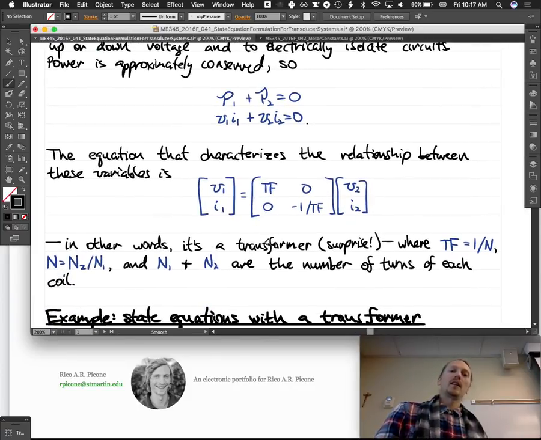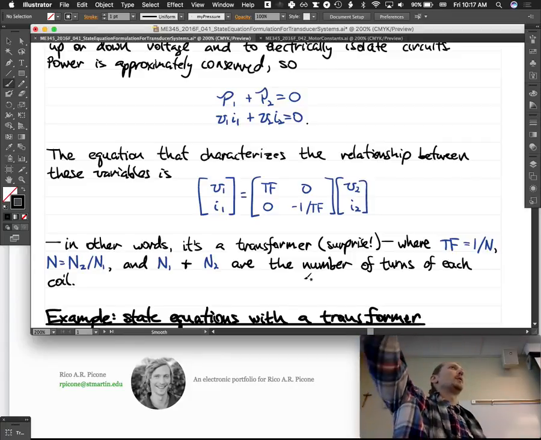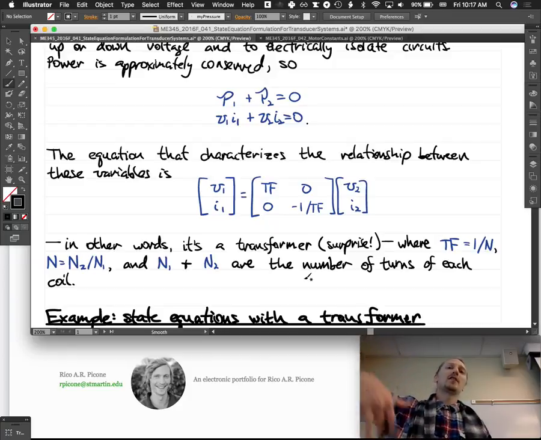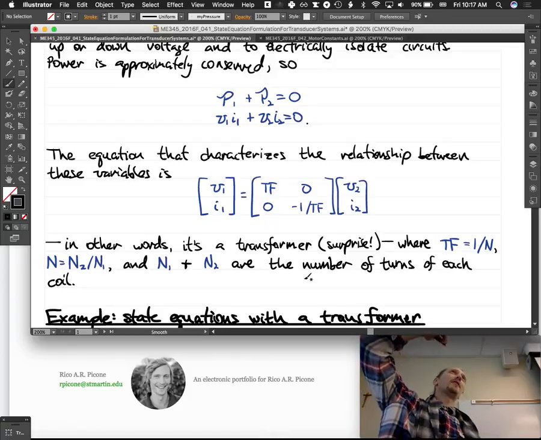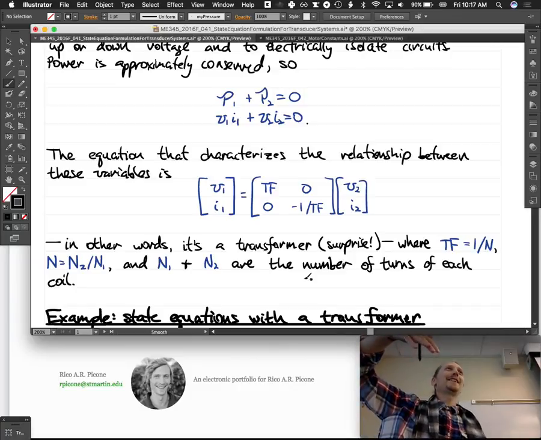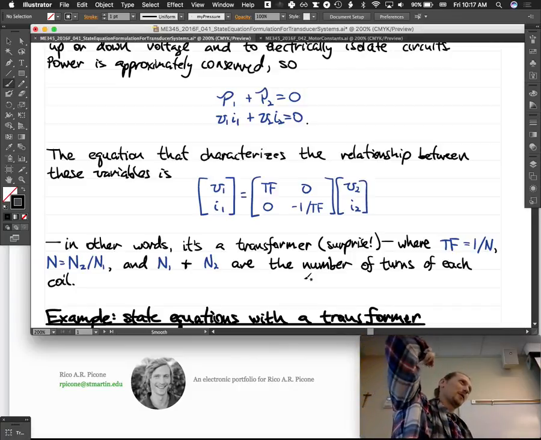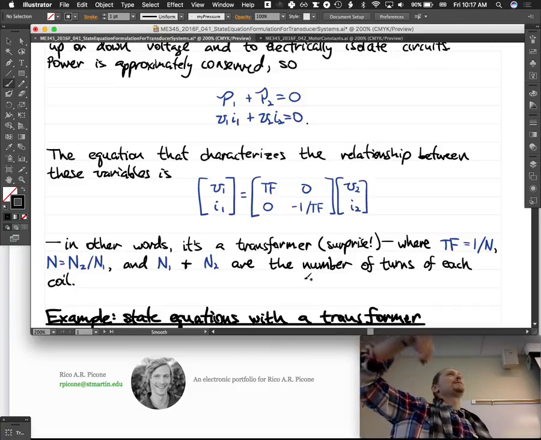In other words, it's a transformer. Probably not surprised that it's a transformer because we call it a transformer, right? But it's a transformer in the sense that we're talking about transformers. So that's why whenever I talk about an electrical transformer, I try to say electrical transformer, but sometimes I will forget to.